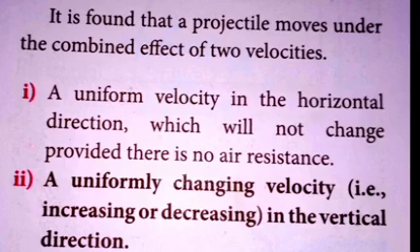Also, we never consider air resistance. Next, a uniformly changing velocity, that is the movement of an object in the y direction, which is considered the vertical direction, where the velocity will increase or decrease. So these are the two velocities, the horizontal velocity and the vertical velocity.